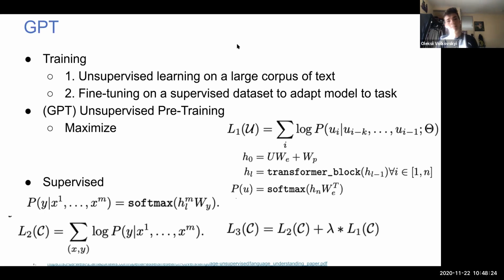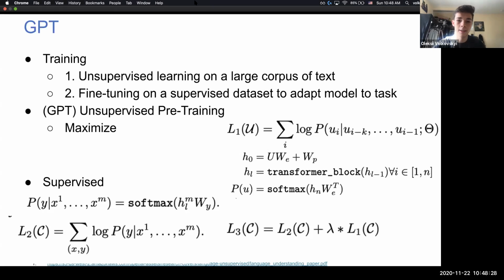They take a huge amount of text that they scraped from the internet, and they learn how to speak English on that large amount of text, and then they're able to adjust the model such that it actually does the task, like question answering.